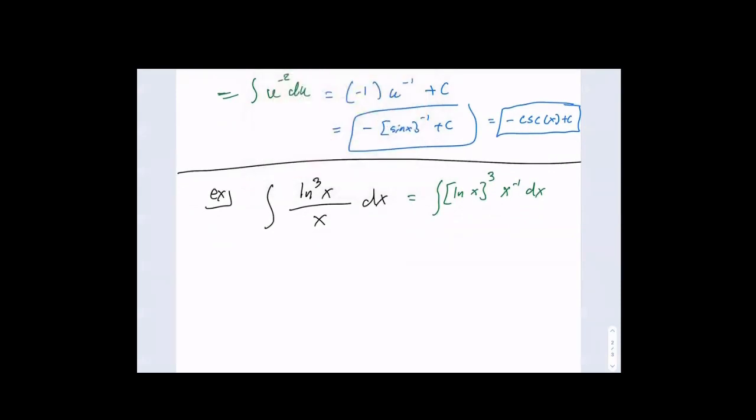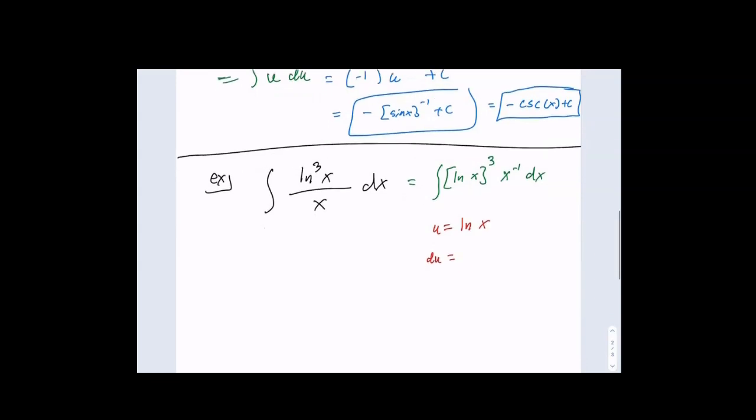Two functions of x? Oh, means I need to use u-substitution. So my u is... Would it be your ln x? Natural log, yeah. What's du? 1 over x? Sorry, what was that you said?